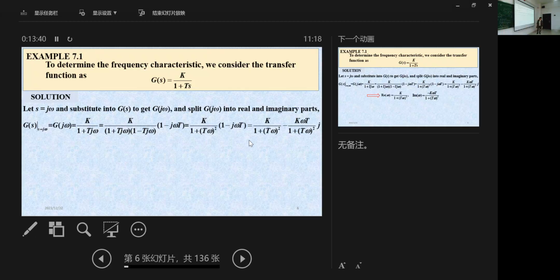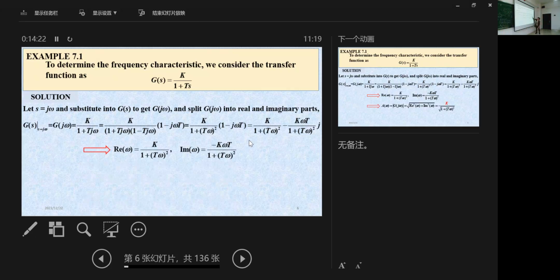The j is a symbol for the imaginary part, so minus this part means this whole part is the imaginary part.